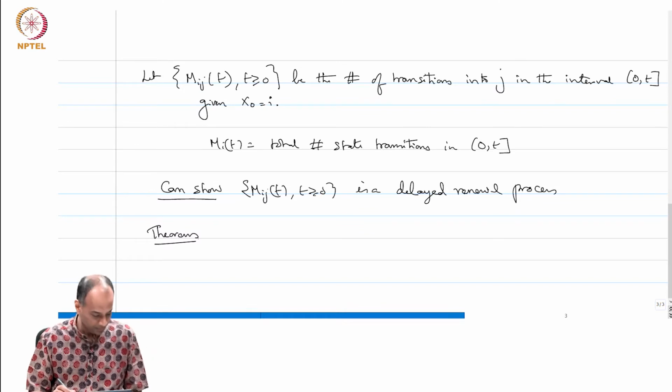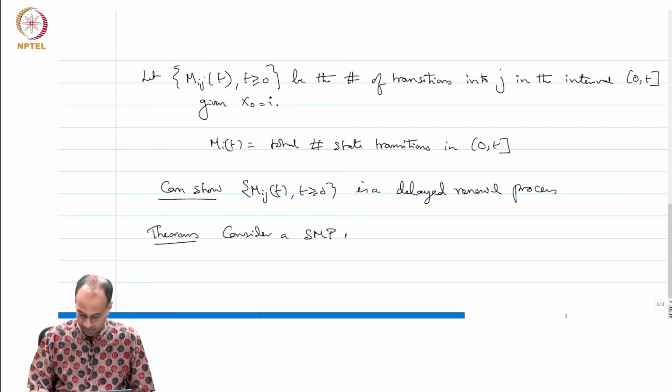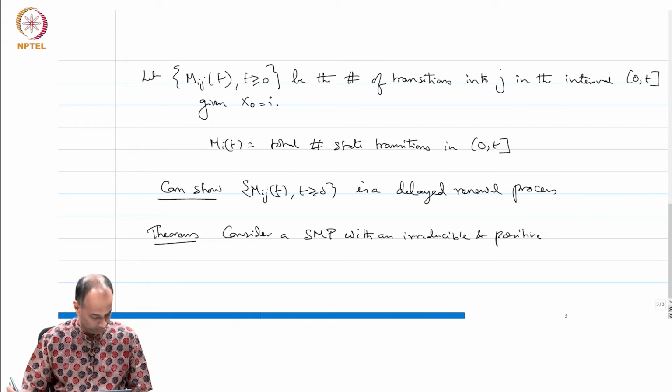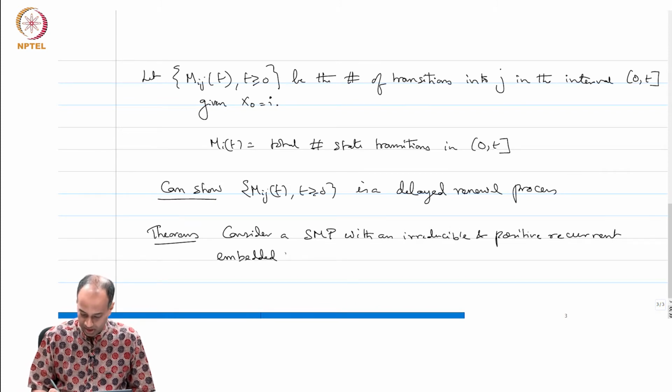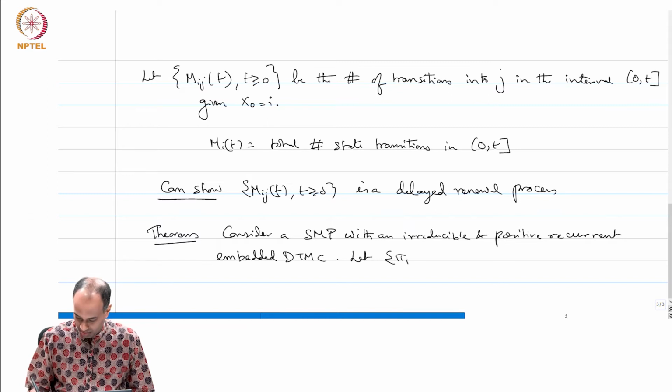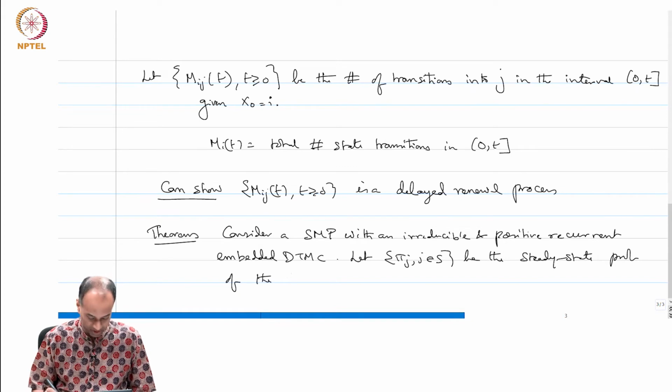Consider a semi-Markov process with an irreducible and positive recurrent embedded DTMC, and let pi j be the steady state probabilities of the embedded DTMC.